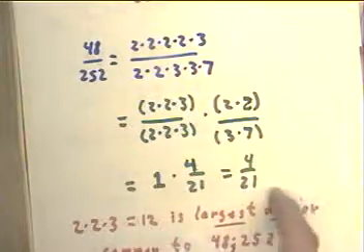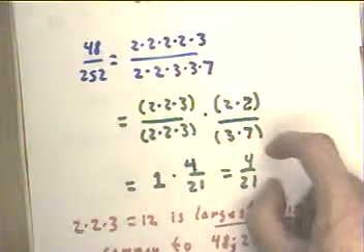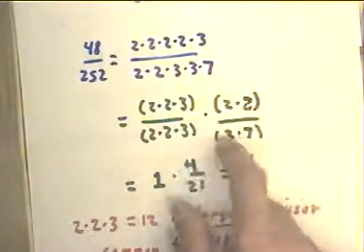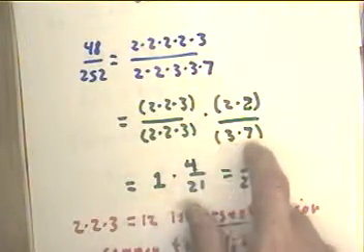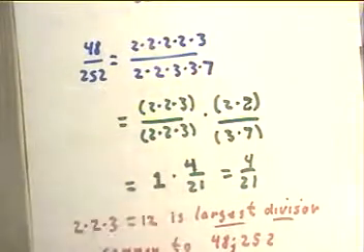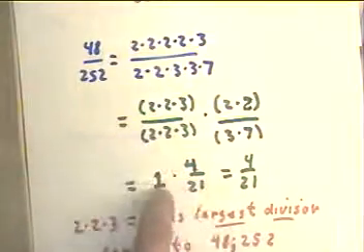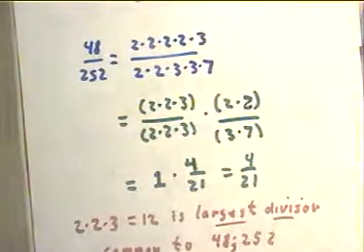And 4 over 21 doesn't reduce. It can't possibly reduce because it doesn't have any prime factors in common between the numerator and denominator. 4 has no prime factors that are common to 21. We've factored out all the possible common prime factors from our original fraction, and when we factored those out, we divided them and got 1, and now we've got 4 over 21.